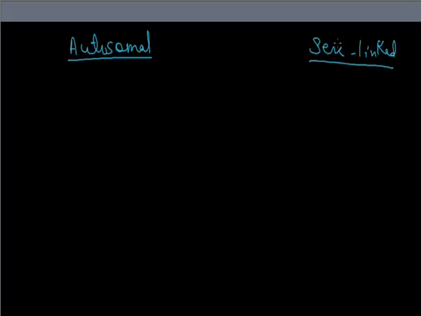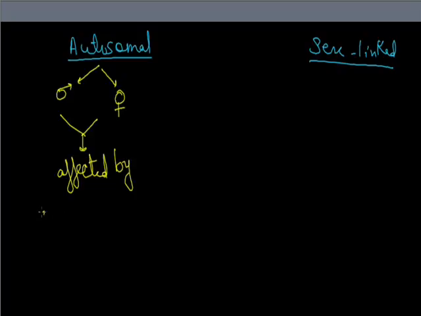Including those rules. Now, which are autosomal diseases and which are sex-linked? If we talk about autosomal diseases, either the male or the female can be affected by any of the affected parents.